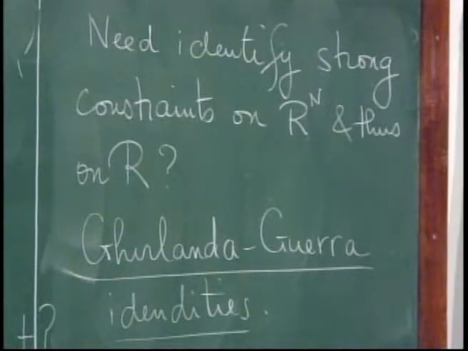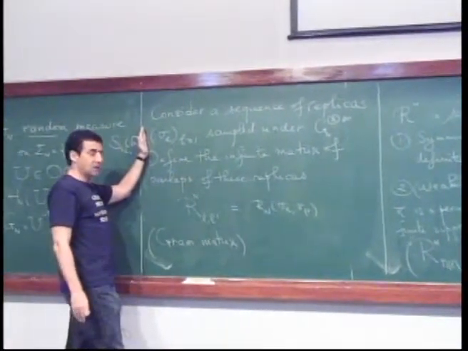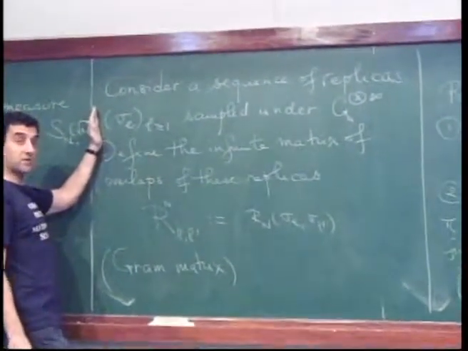It can be entirely expressed in this abstract setting. You could start here, forget the spin glass measure. I have a sequence of random measures in the sphere, and then I start this thing. Right? And then you would not have the Ghirlanda-Guerra constraints.